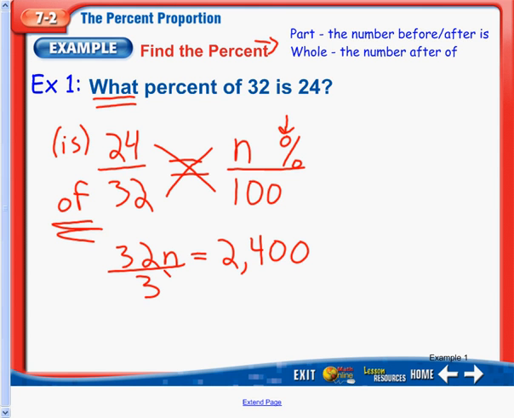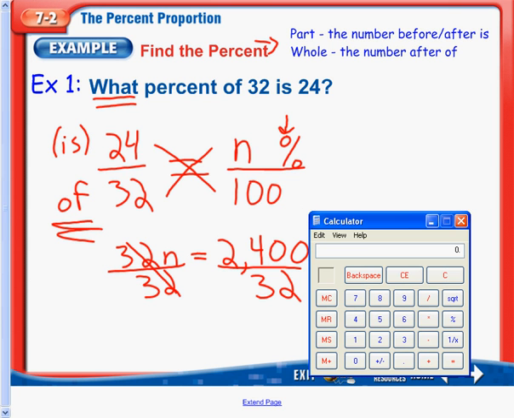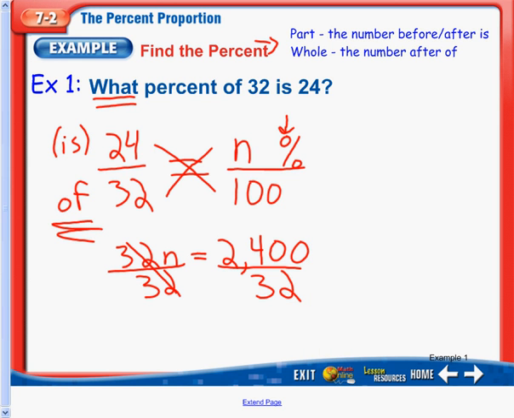So we have 32n, dividing by 32, the coefficient, on both sides so that we keep our balance even. And now we have n equals 2,400 over 32. So we'll divide 2,400 by 32, and I get 75. So n is a percent, so we have 75% as our answer.